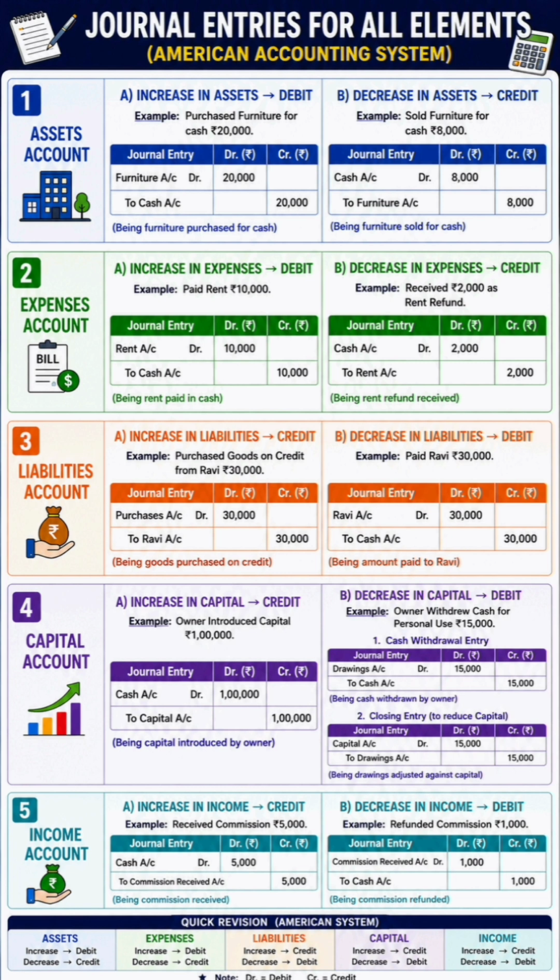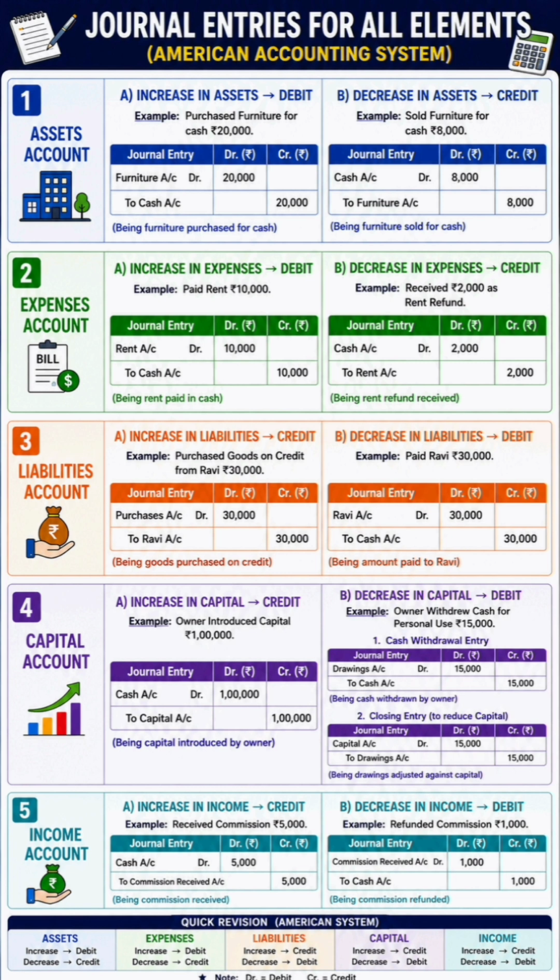Capital account, increase in capital. The owner introduced new capital. So capital is coming in the form of cash, right? So cash is increasing, so cash account should be debited. And capital is also increasing, so capital account should be credited. Decrease in capital: you have used cash for personal purpose, drawings, that reduces the capital.